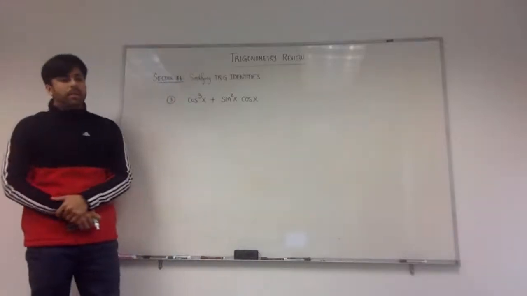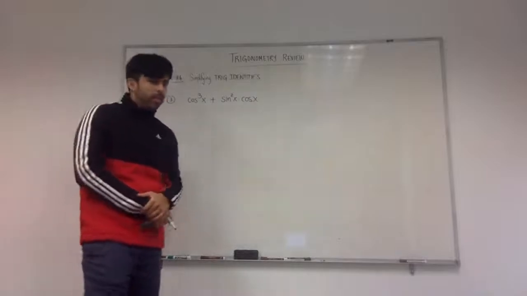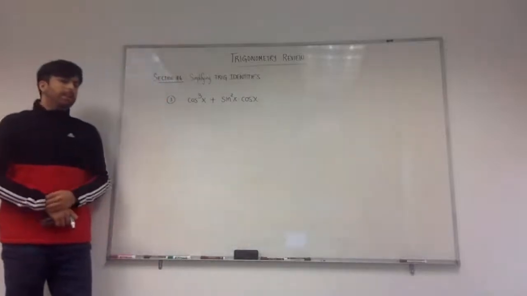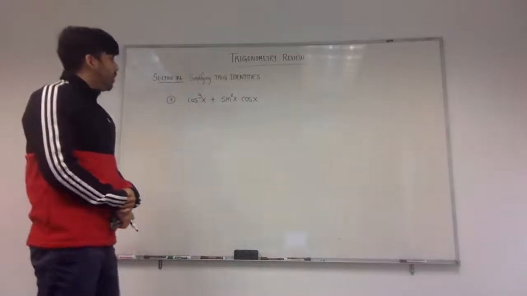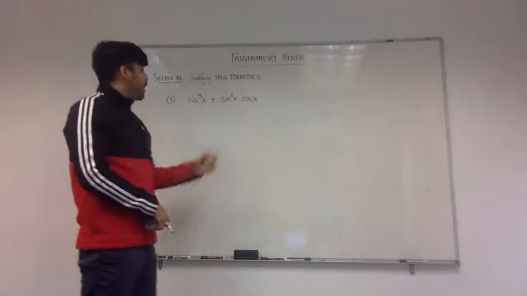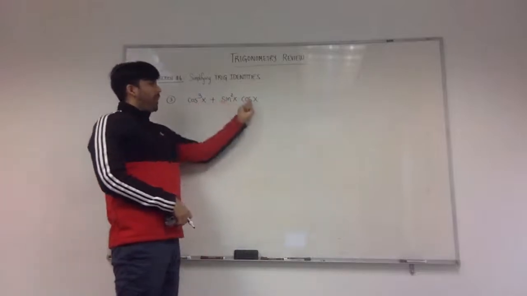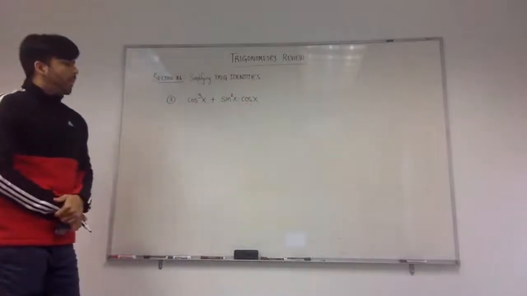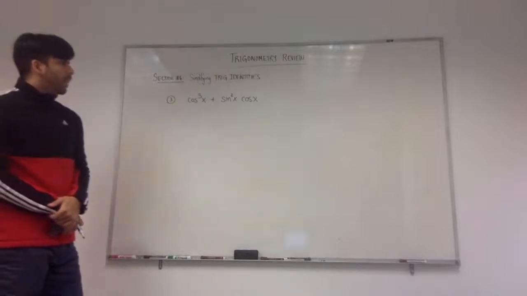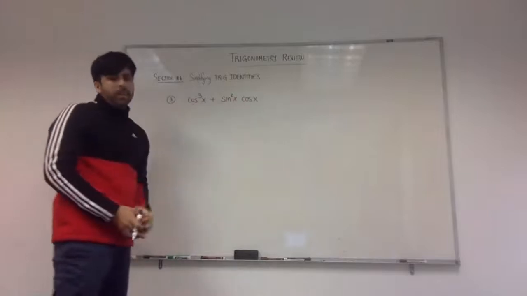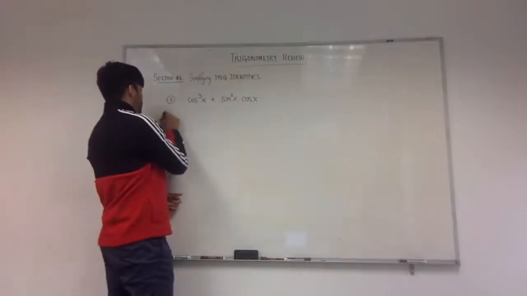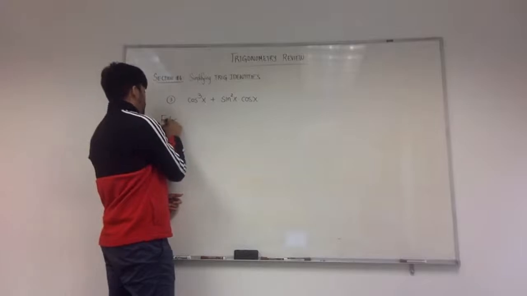And one of those methods to simplify any expression algebraically is by factoring. So we notice I have a cosine cubed on this term, and I have a cosine on this term, and they're separated by an addition symbol. So I can say, hey, I have a common factor among these two terms. So I can factor out cosine x.